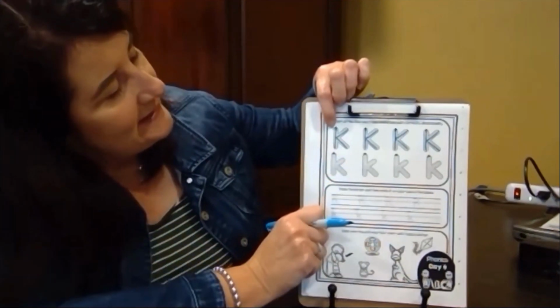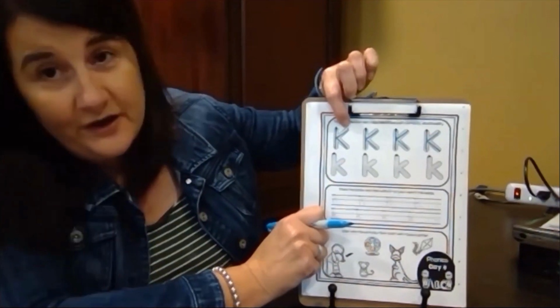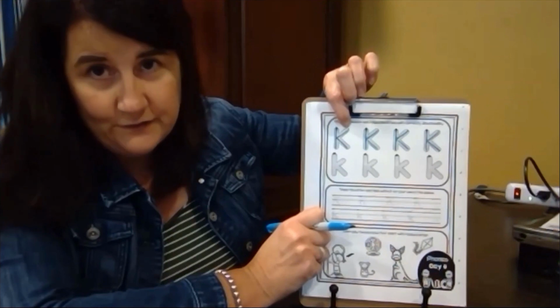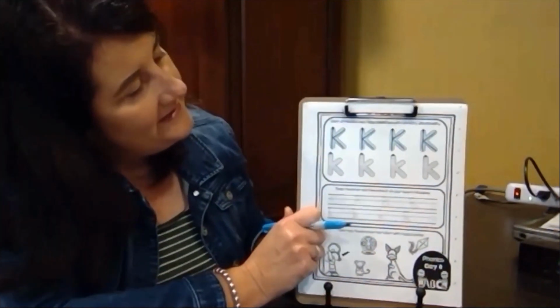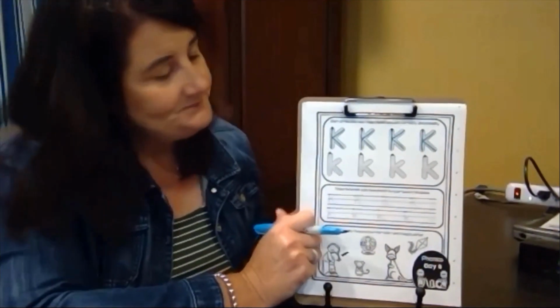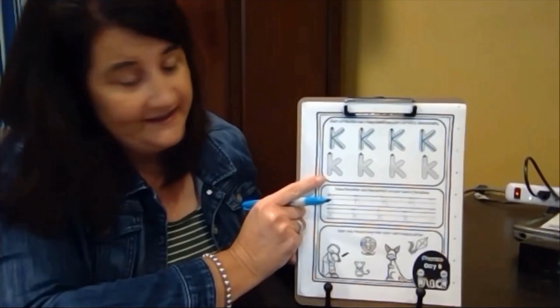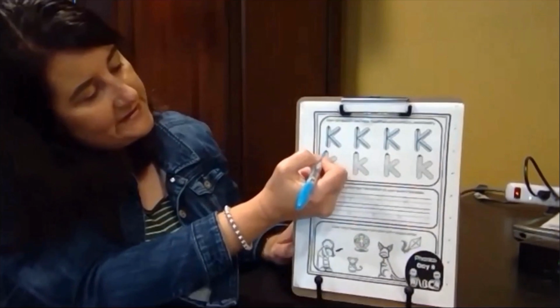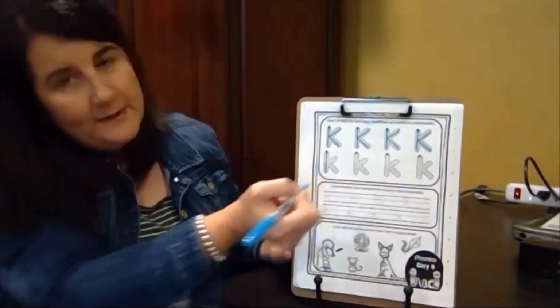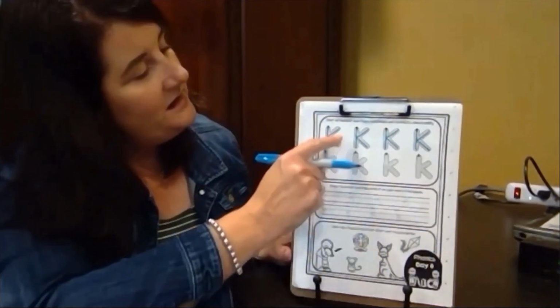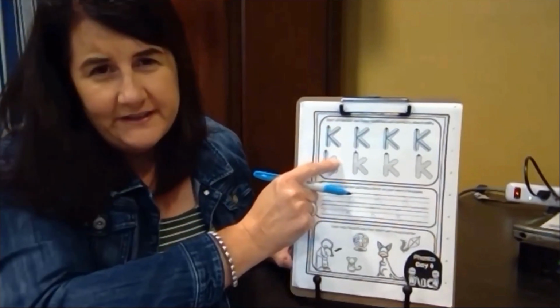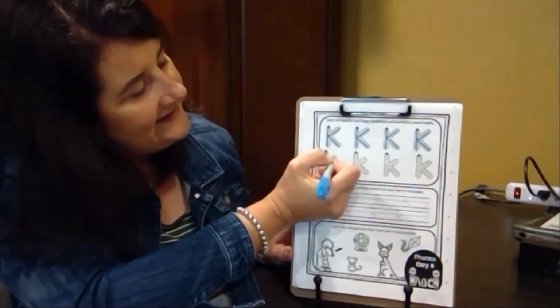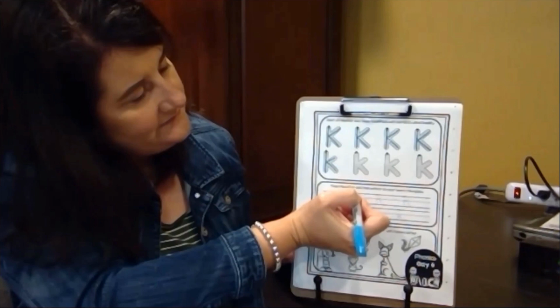And we start at the top for the first stroke, and we also start at the top for the second stroke of uppercase K. Now lowercase k also says K, K, K. And we are going to start at the star, and we're going to go straight down. But this time, instead of going all the way to the top, we're going to start at the middle to slide in and slide down.